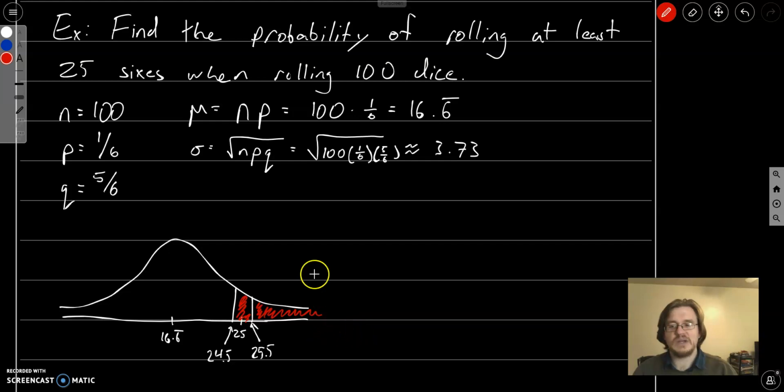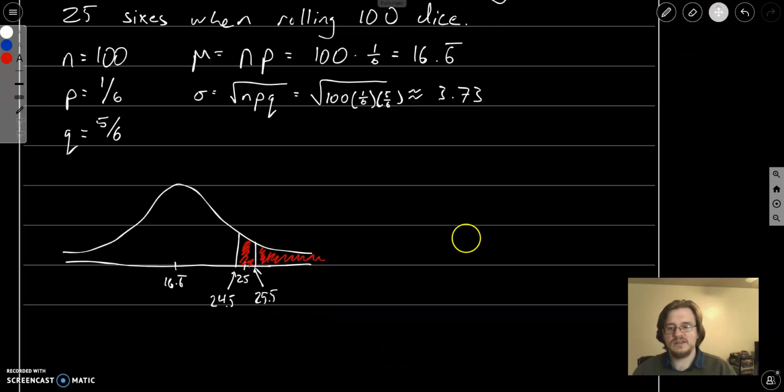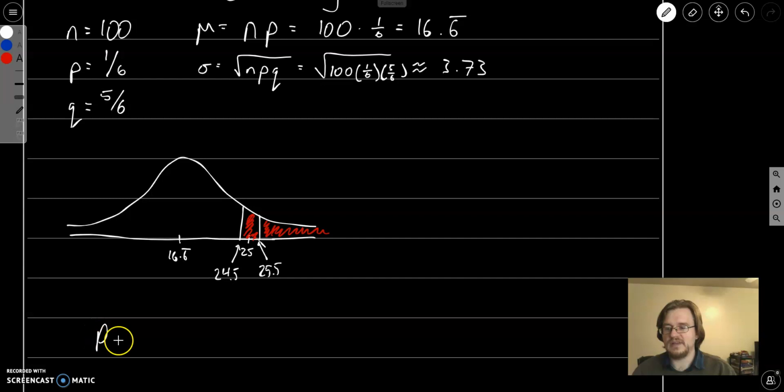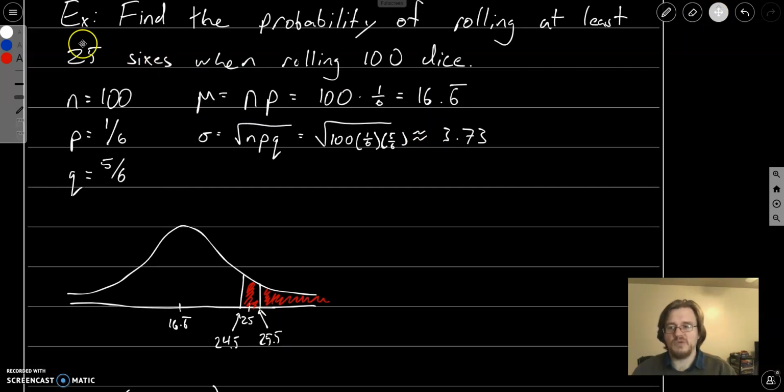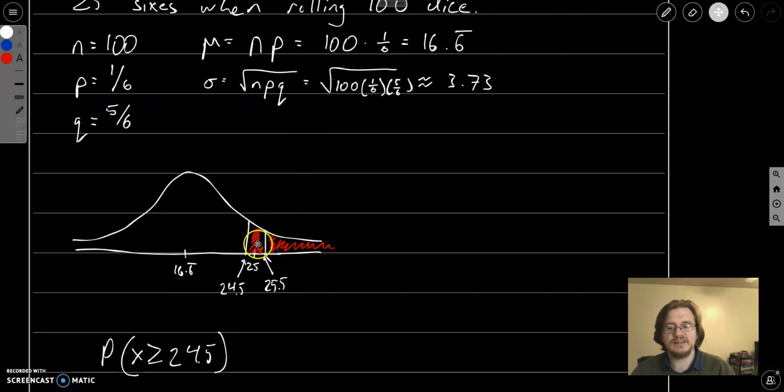When I'm looking for this probability, what I really want is the probability that x is greater than or equal to 24.5. And again, I want at least 25 sixes, so 25 is included. So I need to start at 24.5 and go up.